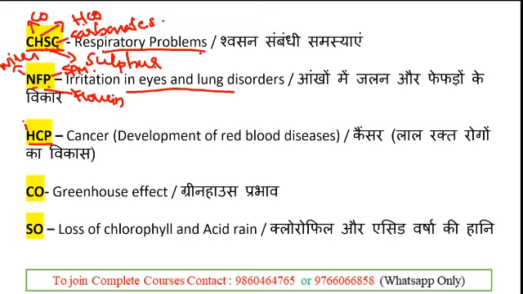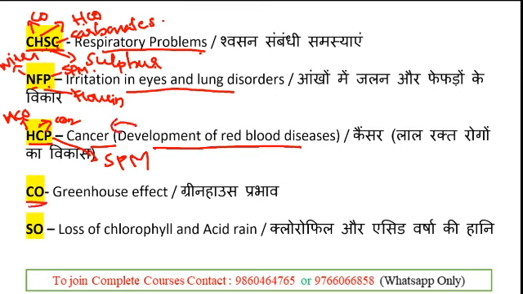And this also: that is hydrochlorofluorocarbons, and C for carbon, CO2, and P for SPM, suspended particulate matter. These cause cancer, which happens due to the development of red blood diseases, and later it will result in cancer.